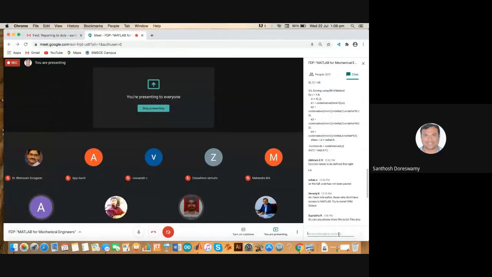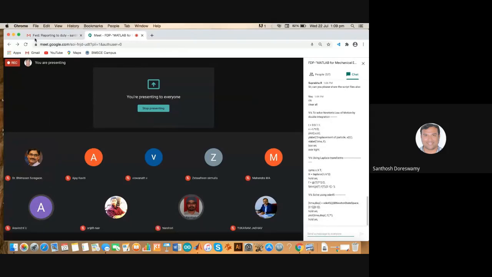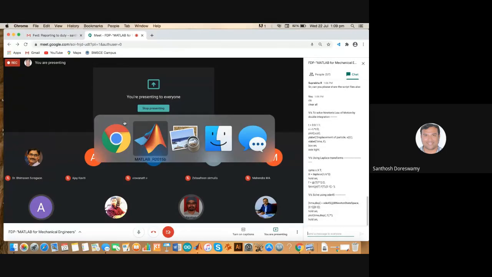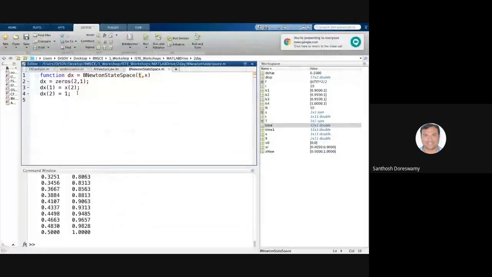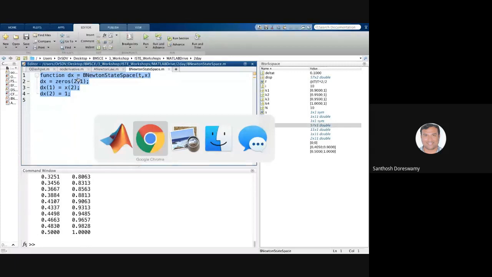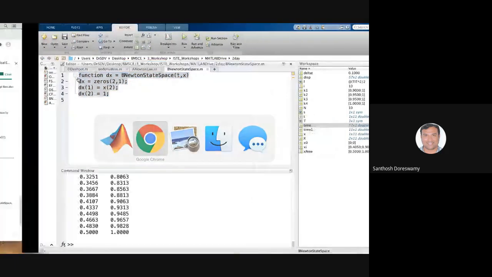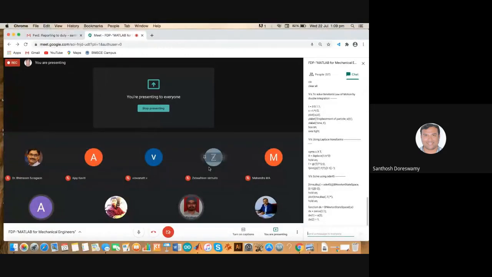That's the code that I've pasted here, and I'll also give you the function file that I've used here. There you go, that's the function file. This covers an exact integration scheme, then a Laplace transform, and then an ODE45 solver.